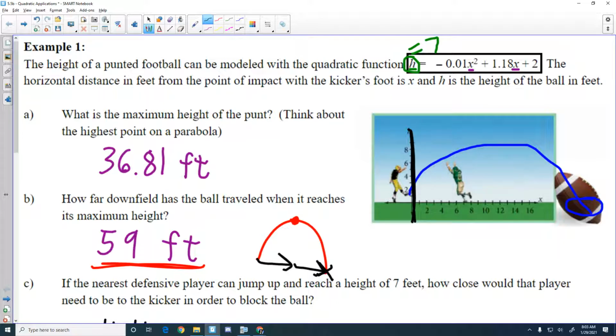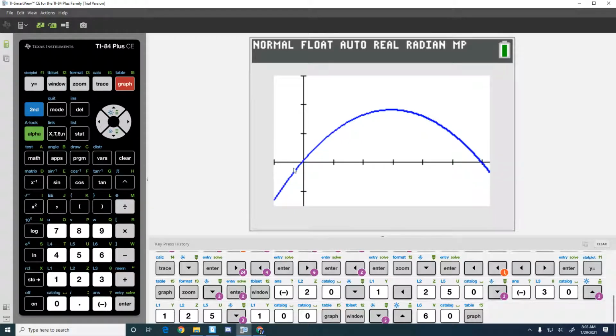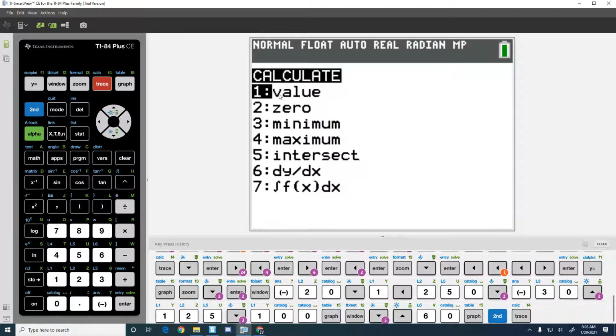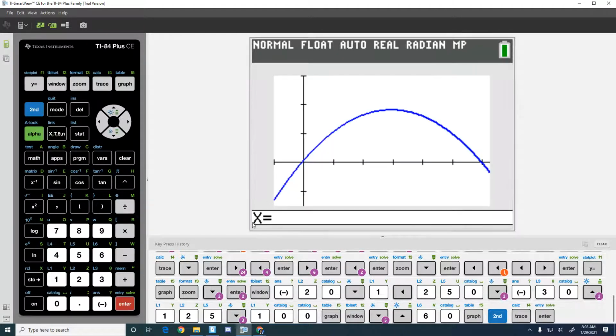If we just remember from the equation, we know that the y-intercept is always just the constant. But if I did want to calculate it, I can press second trace, and that first option, value, lets me type in any x value, and it gives me the y value instantly. I can select option 1, and it says x equals, and I can type in any x value.